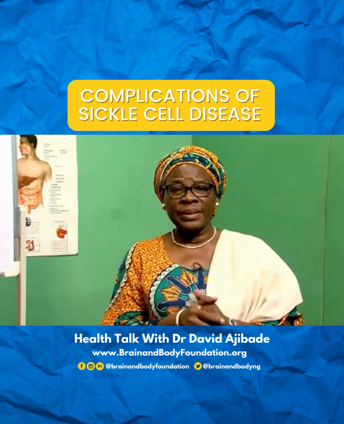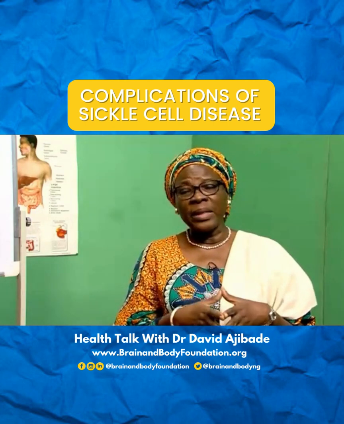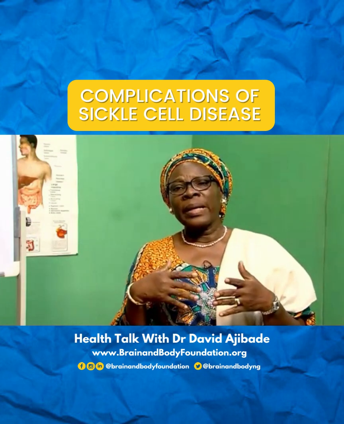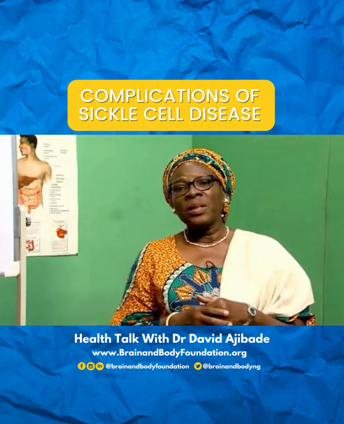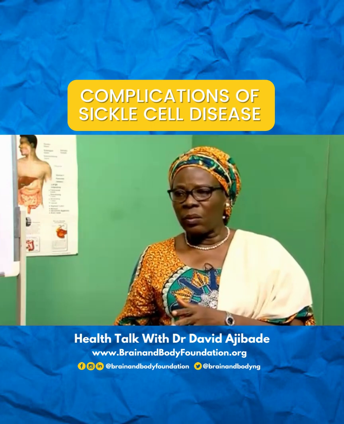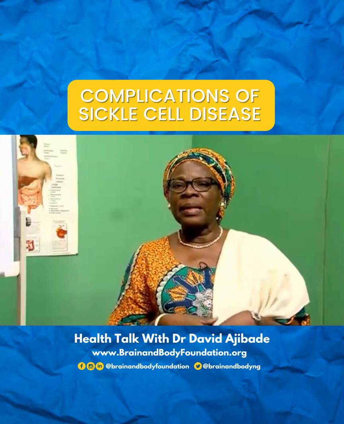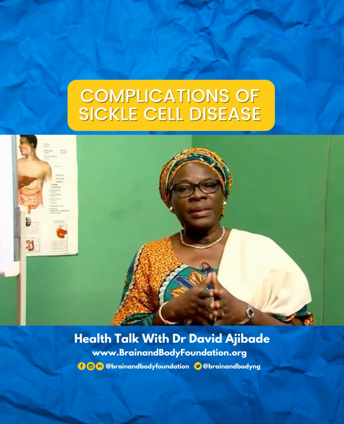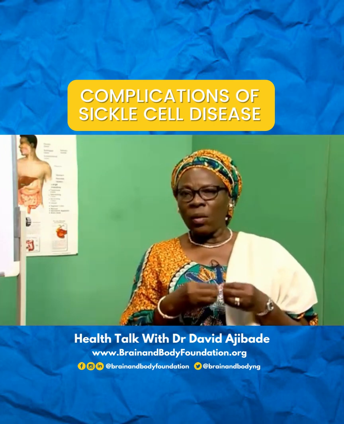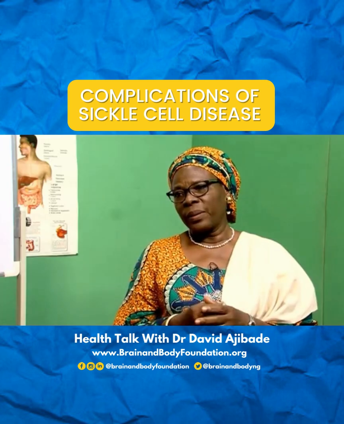Other acute complications, we've talked about infection, pain, shortage of blood. We can have other acute complications that could affect the bones, for example. So we have the children limping on one leg, having severe pain in one part of the body, and then we could also have acute complications affecting the brain. Now, the long-term complications are those in which the organs of the body get damaged because of the sickle cell disease, and these can occur in any organ of the body.